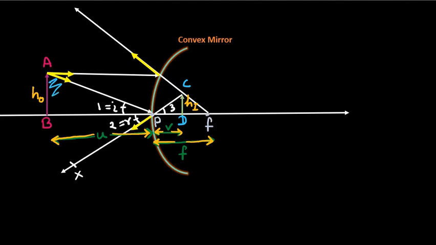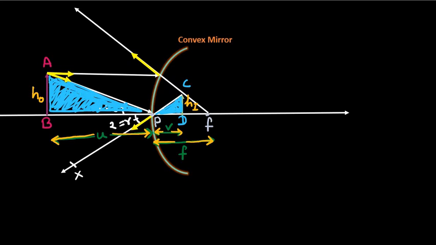So now we will consider triangle ABP. I am shading the triangle ABP and triangle CDP. These two triangles are similar triangles. And how are they similar triangles?